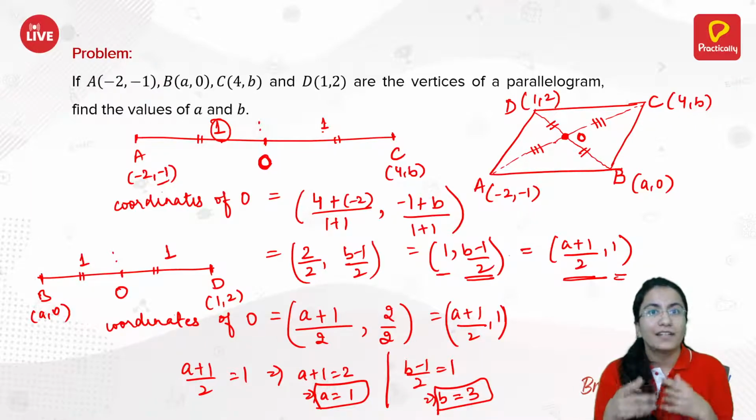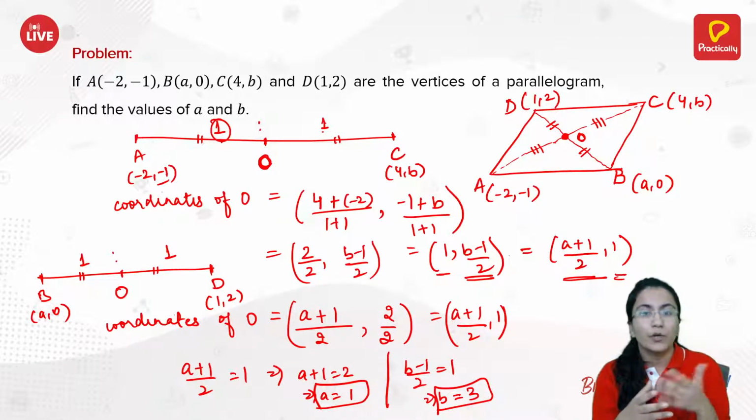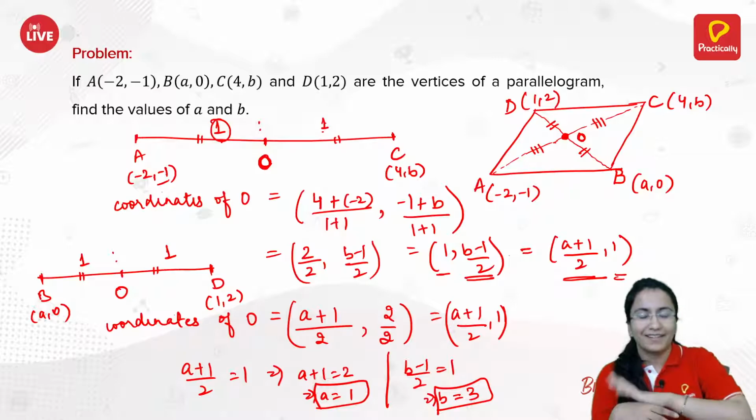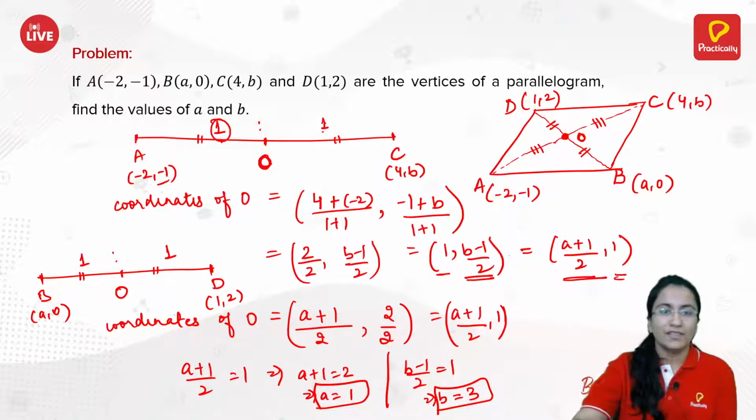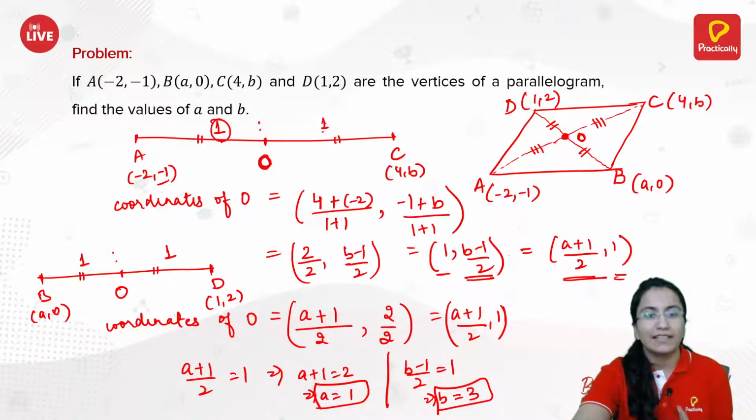And there might be a question where 2 points are given and it trisects, that means it divides in the ratio 1:1:1, right? So questions are based on bisection and trisection. Try such questions always before you sit in the examination. Based on these properties, you will easily be able to calculate the values of a and b.